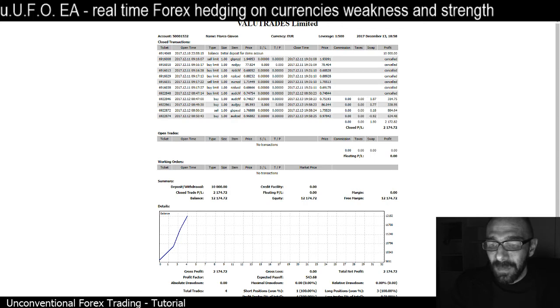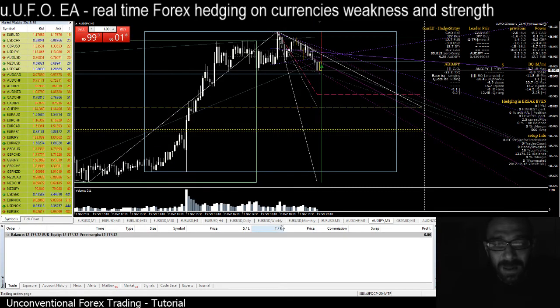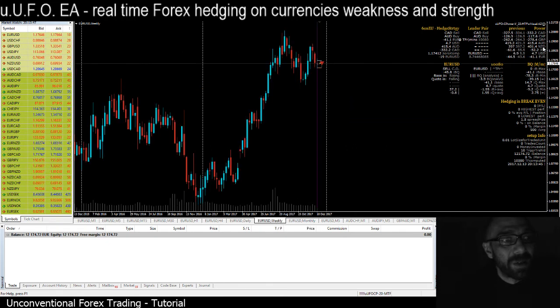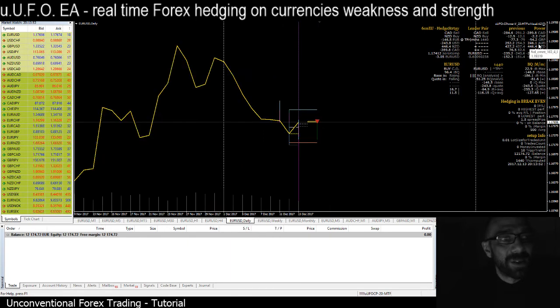But when we are analyzing the overall strength and weakness, and we see that in the monthly, New Zealand dollar is strong and also Australian dollar is quite strong, and GBP is very weak, for example. And in the weekly there is also this coherence, and in the daily there is also this coherence, even if the values are a bit different.